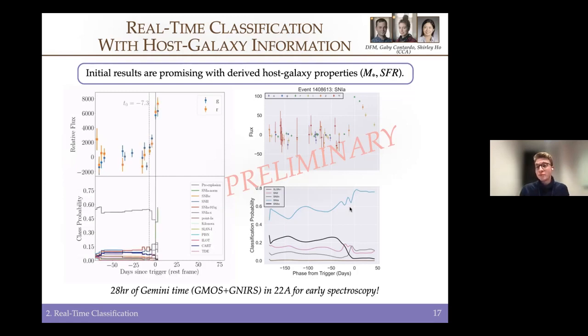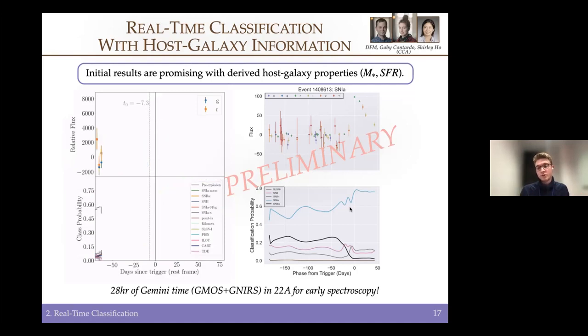Now, this is, of course, very simple. We've included derived properties and it's a simulation. So it's a big question how it'll operate on real data, and observed properties like the photometry and second order moments of a galaxy. We're now working on translating this model to more realistic data. And I'm the PI of two programs in 2022A to get Gemini spectroscopy of events found early.